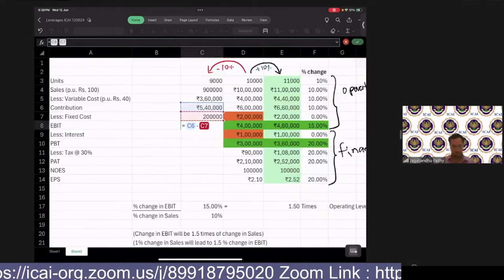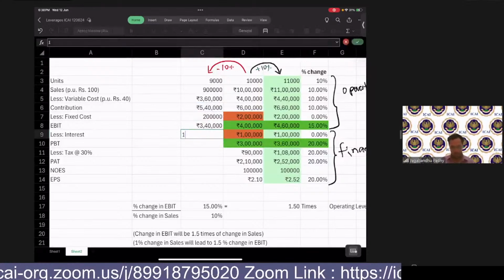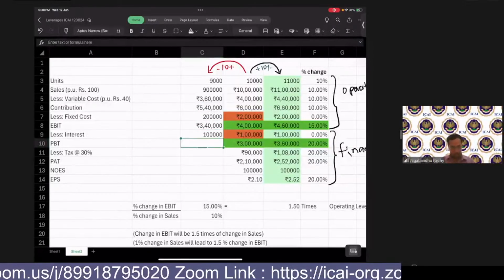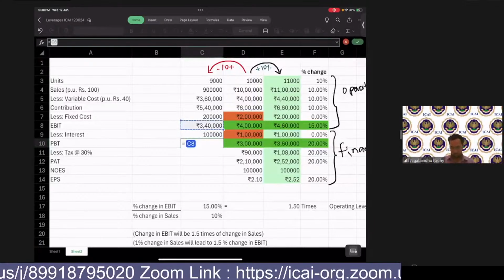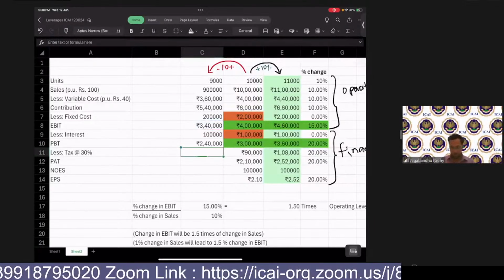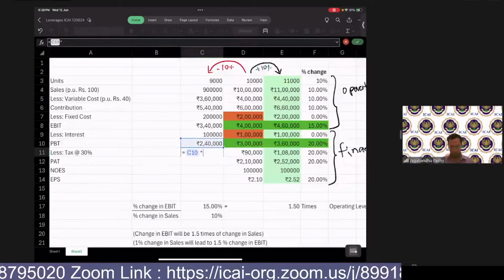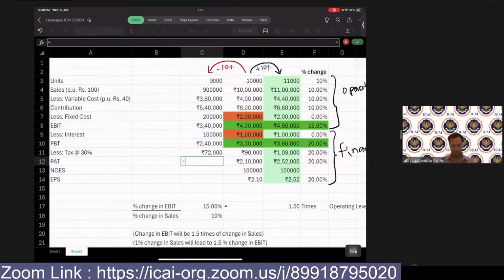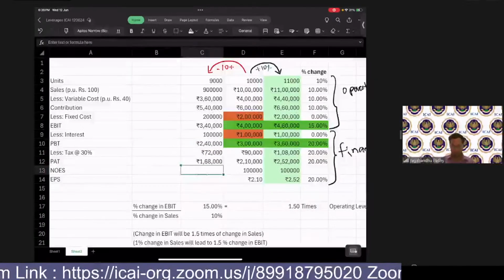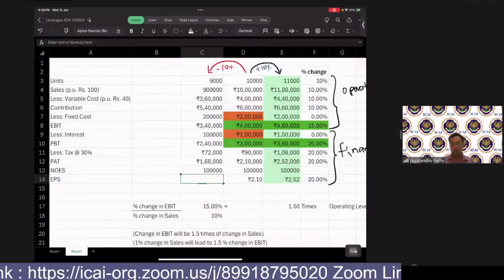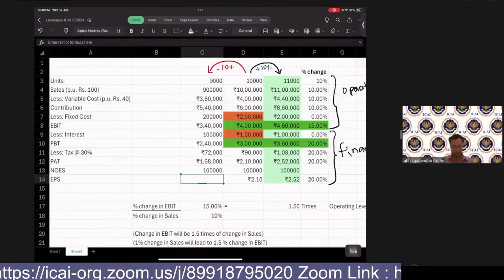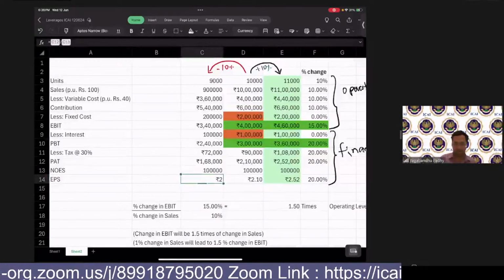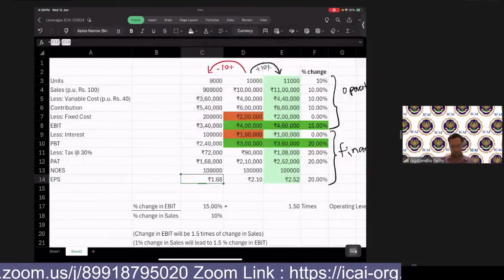Unit contribution minus fixed cost. Interest, since it's a fixed cost, remains the same at 1 lakh. PBT is 240, on which you pay tax of 30%. You have profit after tax of 1,68,000. With 1 lakh equity shares, you get EPS of 1.68.